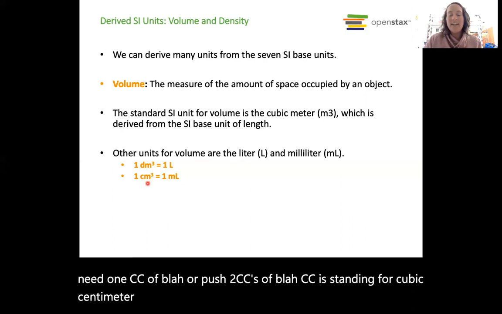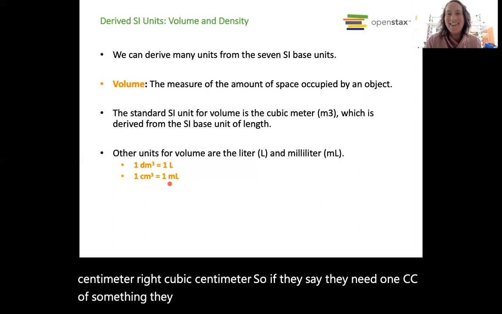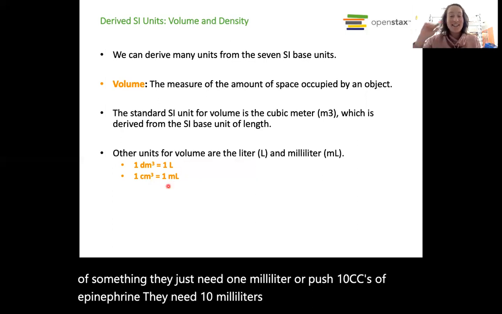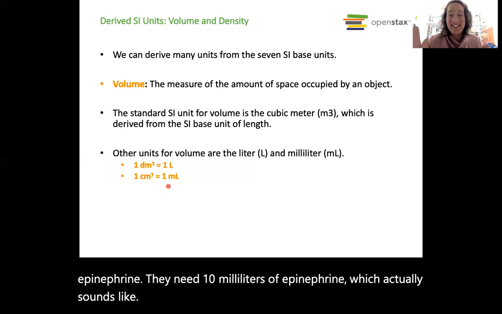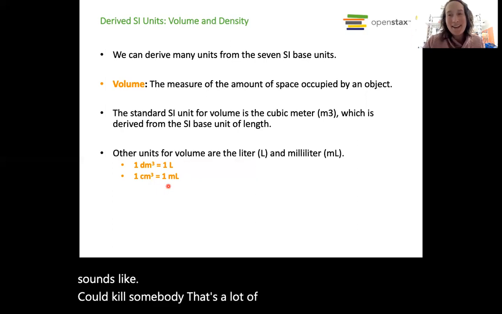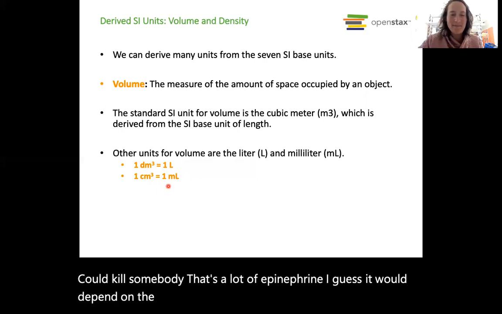So if they say they need 1 cc of something, they just need 1 milliliter. Or push 10 cc's of epinephrine, they need 10 milliliters of epinephrine, which actually sounds like it would kill somebody. That's a lot of epinephrine. I guess it would depend on the concentration, but I digress.